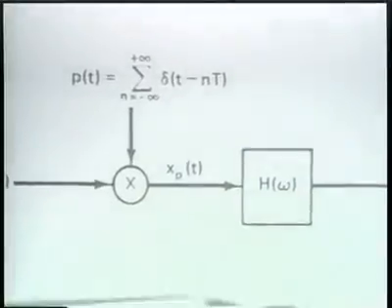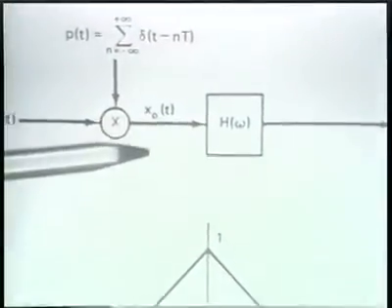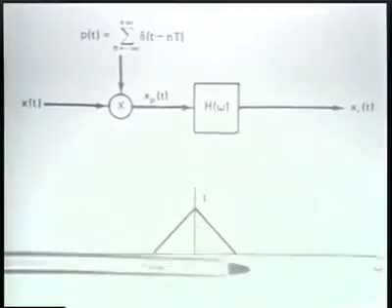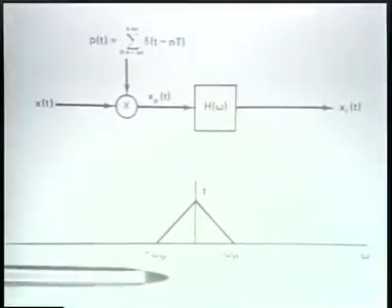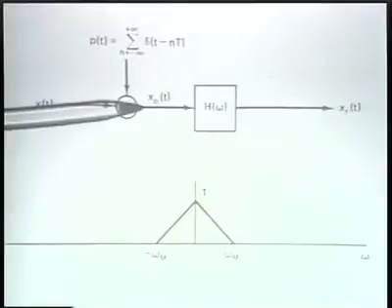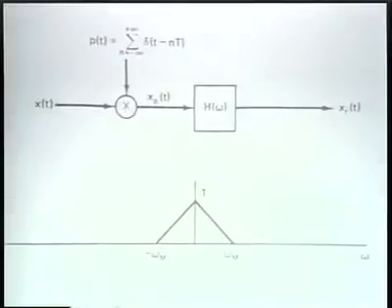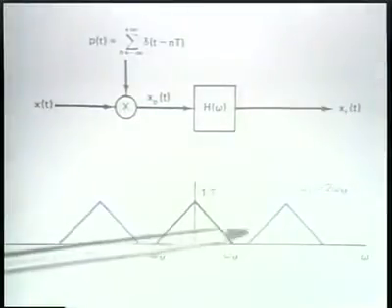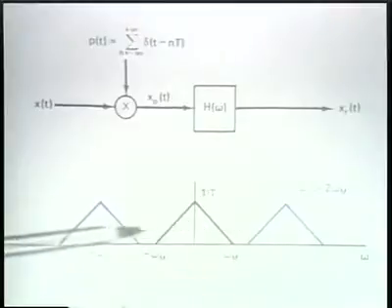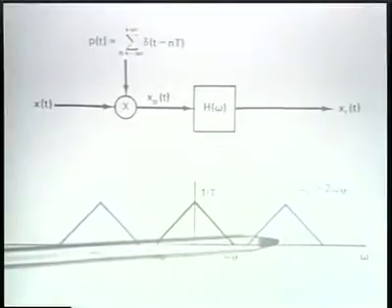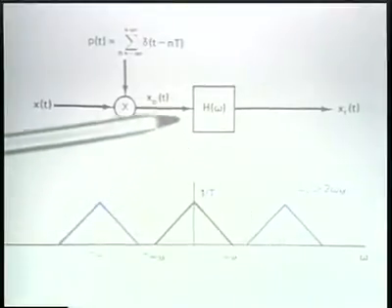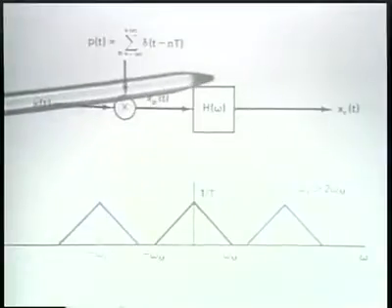So if the spectrum of the original signal is what I indicate in this diagram, then after sampling with an impulse train, that spectrum is replicated, and this replicated spectrum is then processed through a low-pass filter.